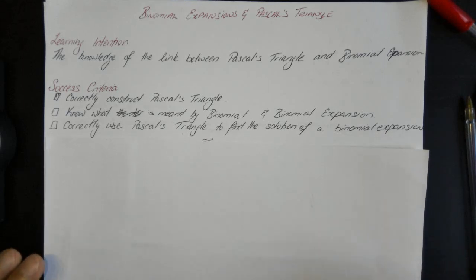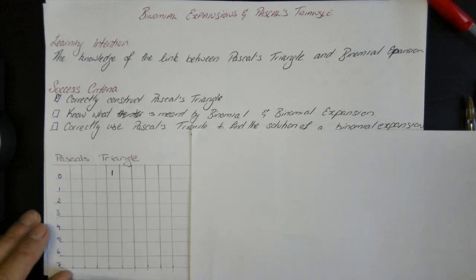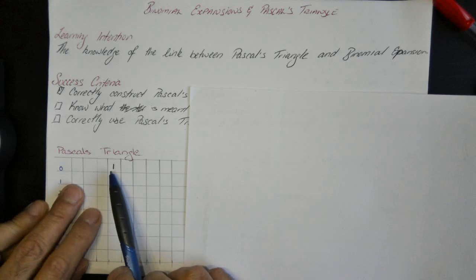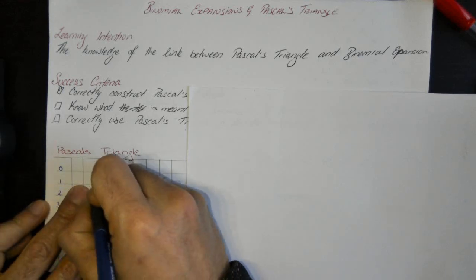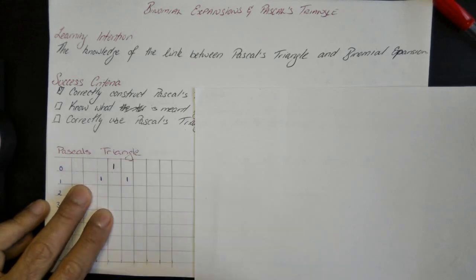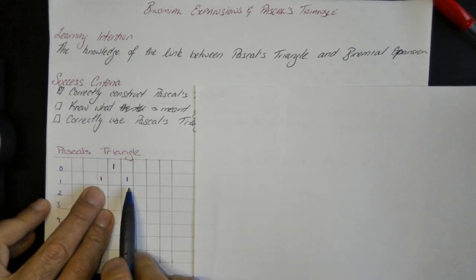Okay, so let's start with Pascal's triangle. I'll start this way. It basically starts at 1, and we're making a triangle where we go out by 1.